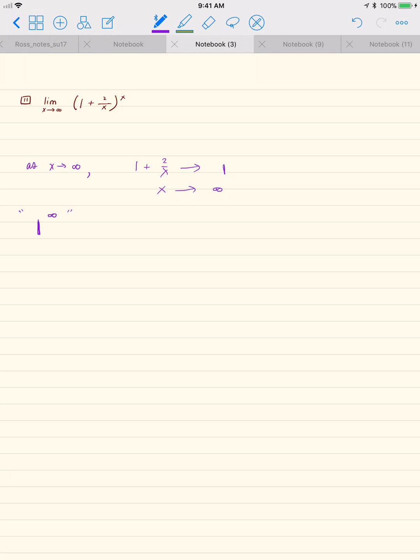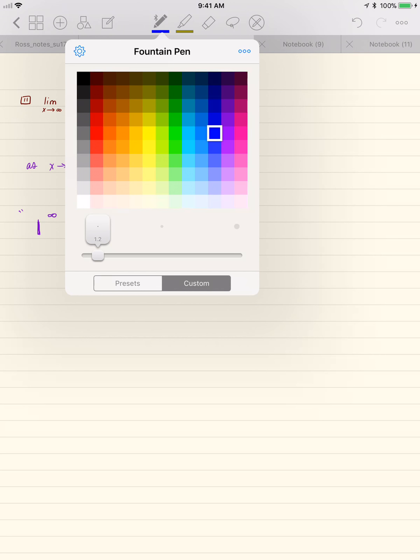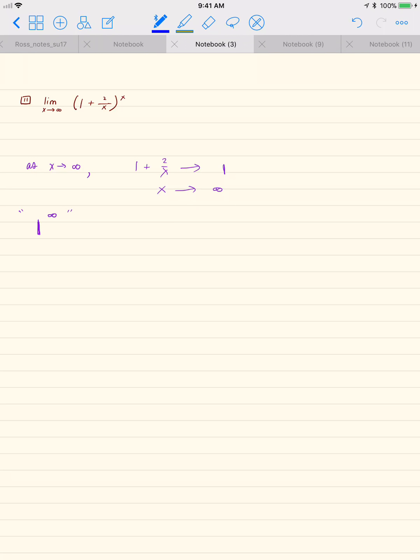Okay. Now, we saw an example of how to deal with this before. When you have an indeterminate form like this, what you do is you rewrite your function. So we're going to start by rewriting 1 plus 2 over x, to the x.